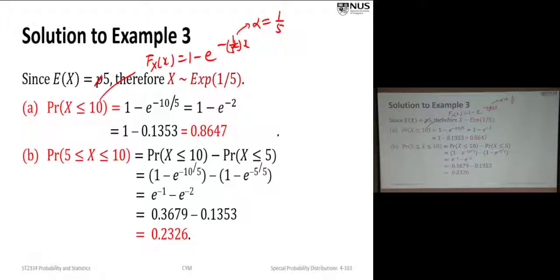But you have to figure out what X means and how the expectation links to the parameters, because you need to know the parameter in order to compute the probabilities. Of course, the other thing is to convert your question into a probability statement involving the random variable X. In this case, the first part is X less or equal to 10, and the second is X between 5 and 10.